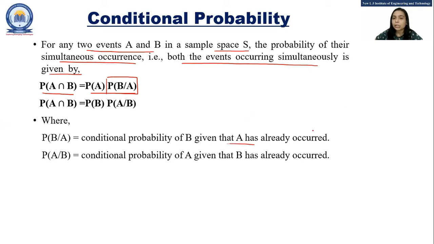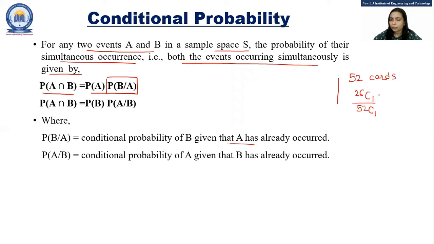In the previous lecture we discussed that suppose we are taking 52 cards, and we draw one card and want to find the probability of getting a red card. That is nothing but 26C1 upon 52C1.